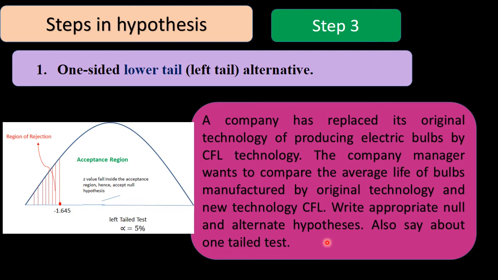Also say something about the one-tail test. Here you need to understand which one we have to take as the population mean. The population mean we have to take as the original technology, the average life of bulbs manufactured by the original technology, and the sample mean we have to take from the average life of bulbs with the new technology, CFL.